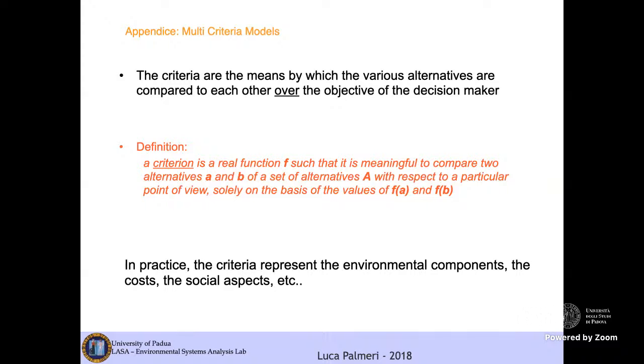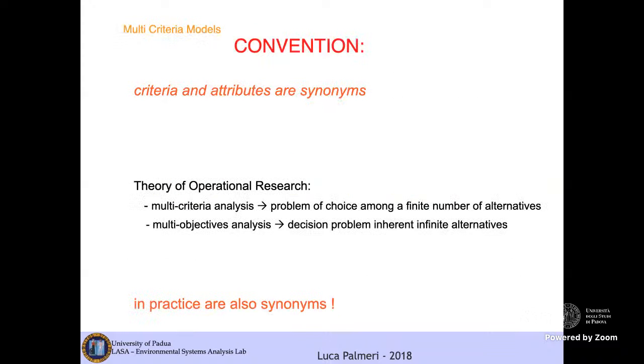This is necessary because, especially in environmental impact assessment, cost, social aspects, cultural heritage, or single subject preferences are all aspects that may have a significant role in the process of decision making.